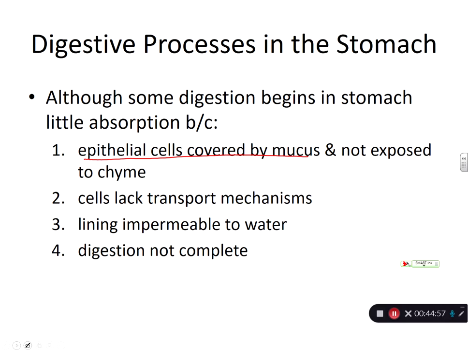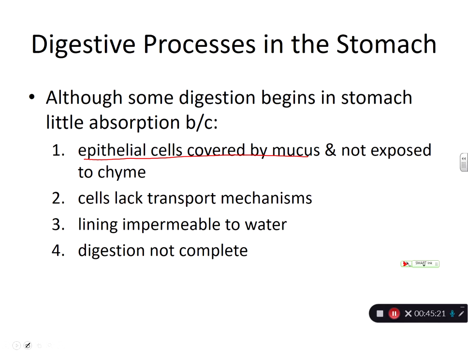Lipids, they have to be down into fatty acids for you to absorb them. Proteins have to be down to amino acids. And nucleic acids have to be broken down into nucleotides. You're not there yet, right?